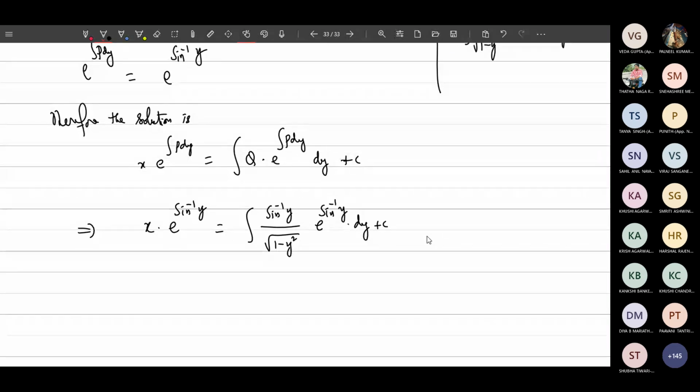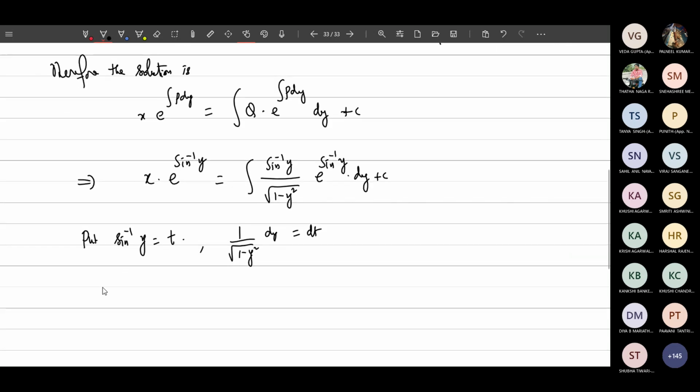Put sin inverse y equal to t, so that 1 upon under root 1 minus y square dy equal to dt. So the left side, nothing to do here.